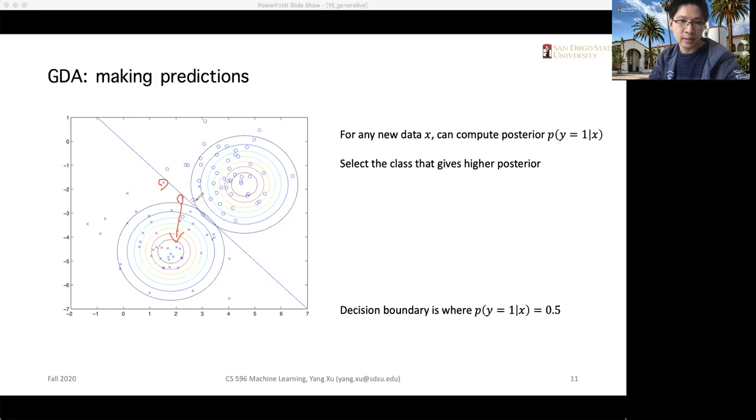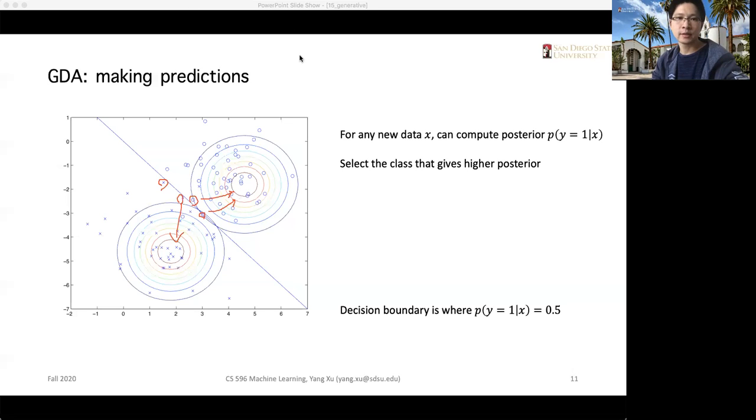But for these 2 points, although they are near the decision boundary, by computing the posterior probabilities, they belong to this circle class, okay? So the parameters now have very clear meanings from the perspective of a Gaussian distribution. The mu describes the centers of the Gaussian, and the covariance matrix describes the covariance between the two variables.